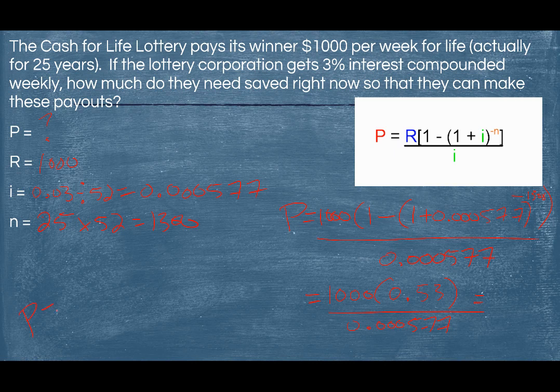So I'm going to again use this space over here. $914,347 and 48 cents. That's how much money needs to be put down today so that the Cash for Life lottery has enough money to pay its winner for 25 years.